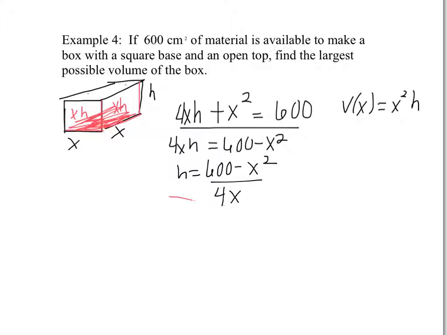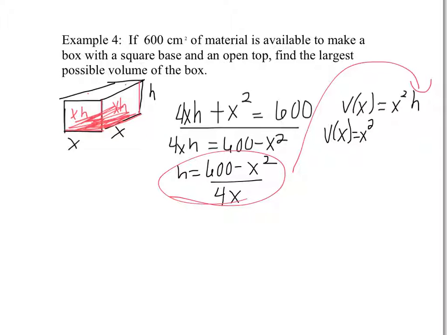And now I'm ready to go ahead and put that into my height in the volume function. So I will have x squared times 600 minus x squared over 4x. And now, hopefully you notice some things, like this x here can reduce with one of those x's. And then I can also distribute the x to both terms inside and divide each term by 4.